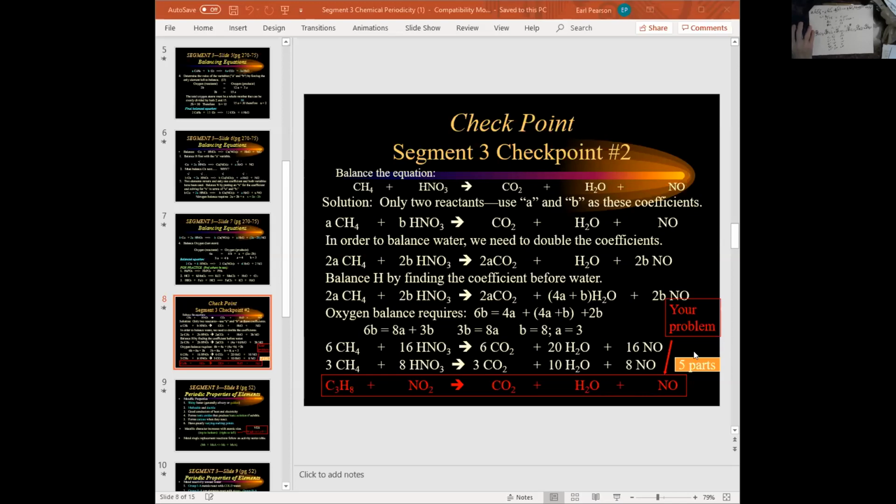So again, what I want you to do is take the equation that you get and work it out in whatever format it's in on D2L for checkpoint 3, number 2, either Word or Excel, and drop your answer into Dropbox, segment 3, number 2.